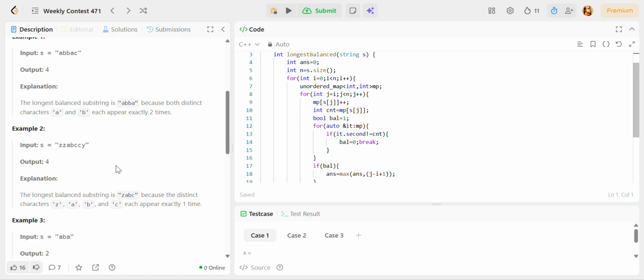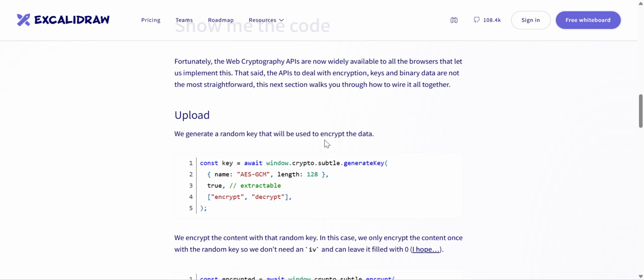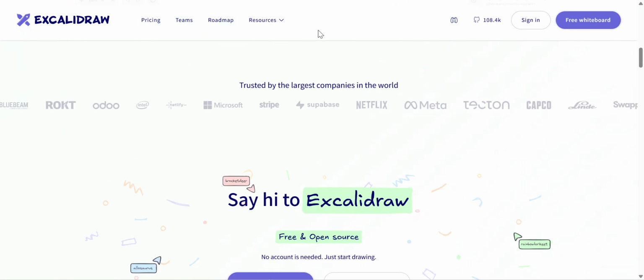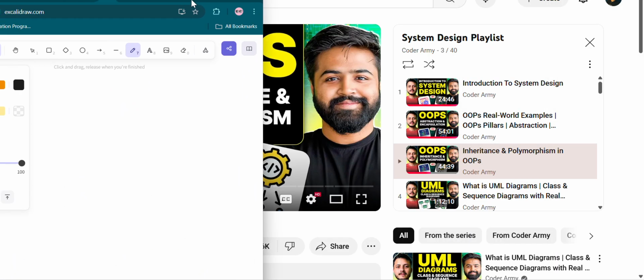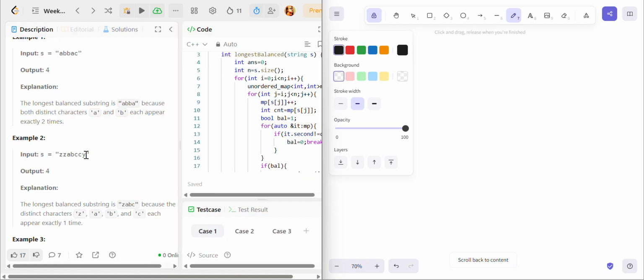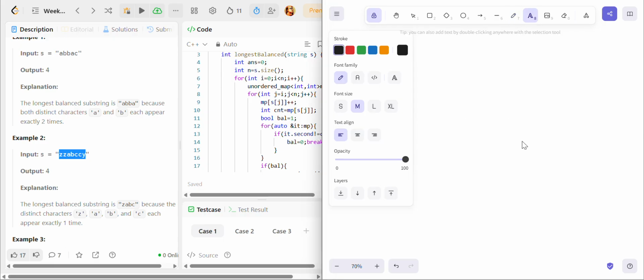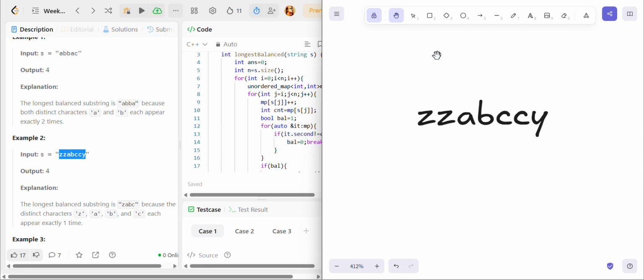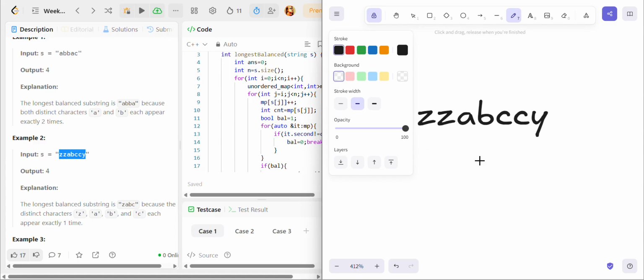So till here we have done. Now let me explain this properly. Till this substring, it is very dark.